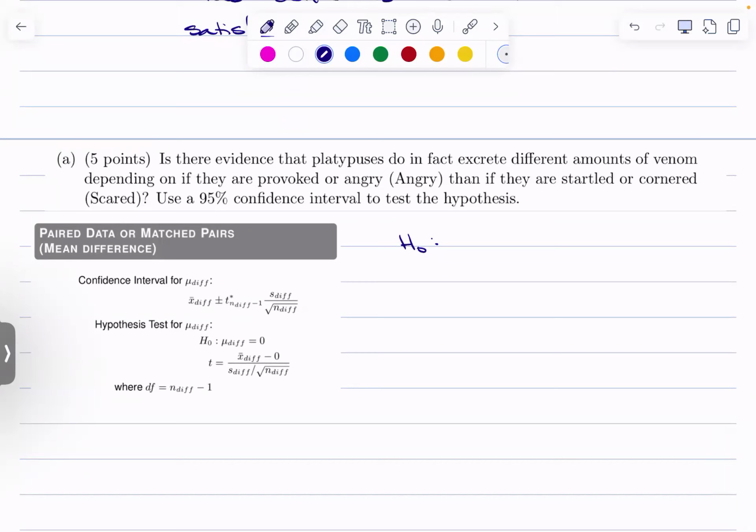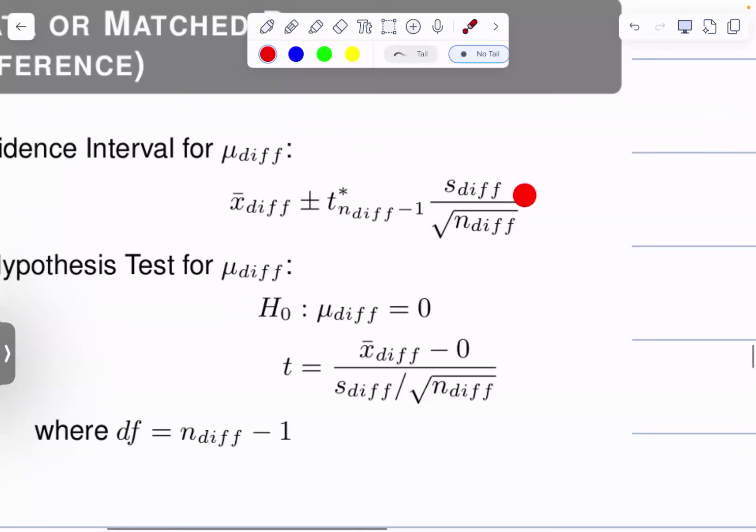So if we have to test the hypothesis, we need to state our hypothesis. Whether we're using a confidence interval or a full formal hypothesis test, the null and the alternative would be the same.